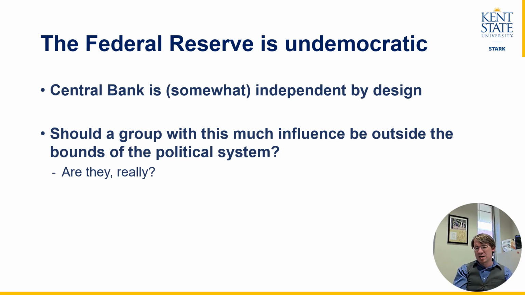There's been talk for many years about what we call a political business cycle. That is where we tend to see the economy does really, really well leading up to an election and then falls off after an election. And as far as the Federal Reserve has an influence, it might be being influenced by the political cycles. Another issue here is that 14 years is a really long time. As a result, very, very rarely do we actually see members of the Board of Governors serve their whole term.